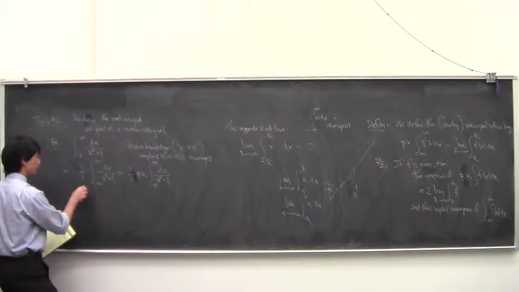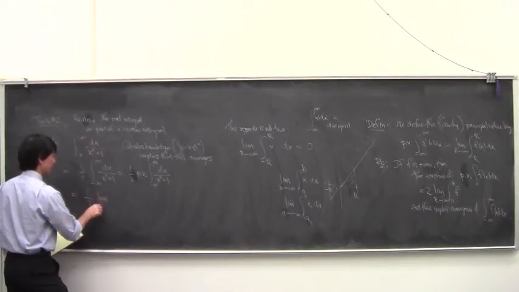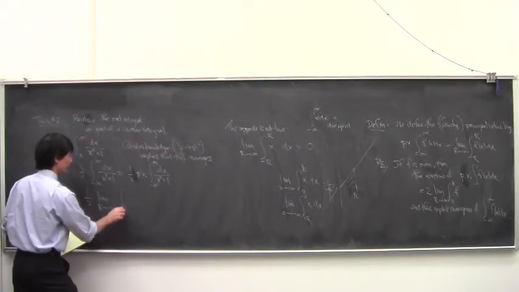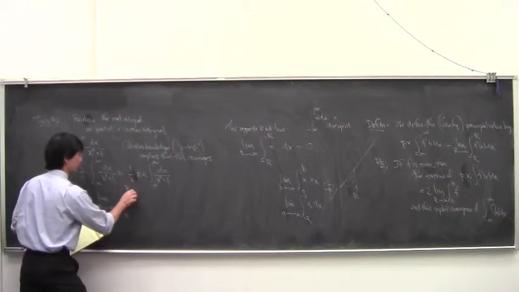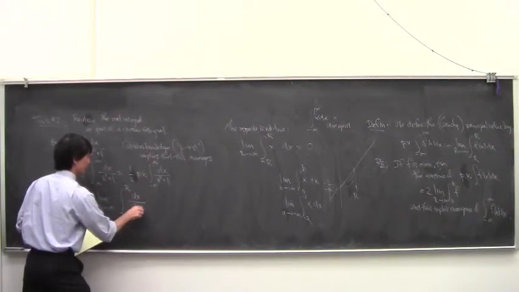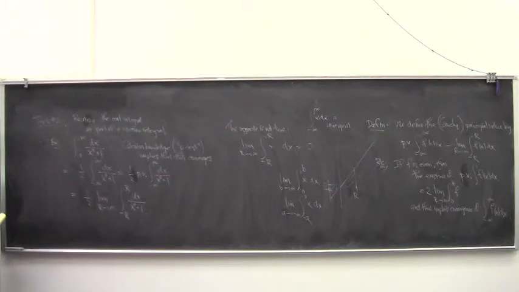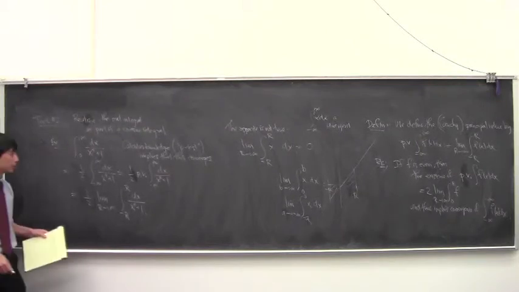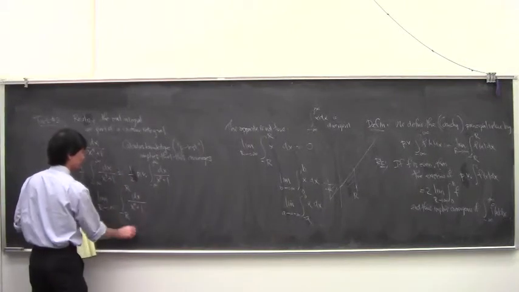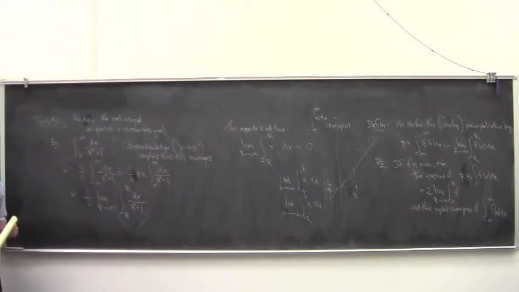In other words, 1/2 of the limit as r goes to infinity of the integral from negative r to r of dx over x to the 4th plus 1. So our concern is to evaluate integrals of this form.